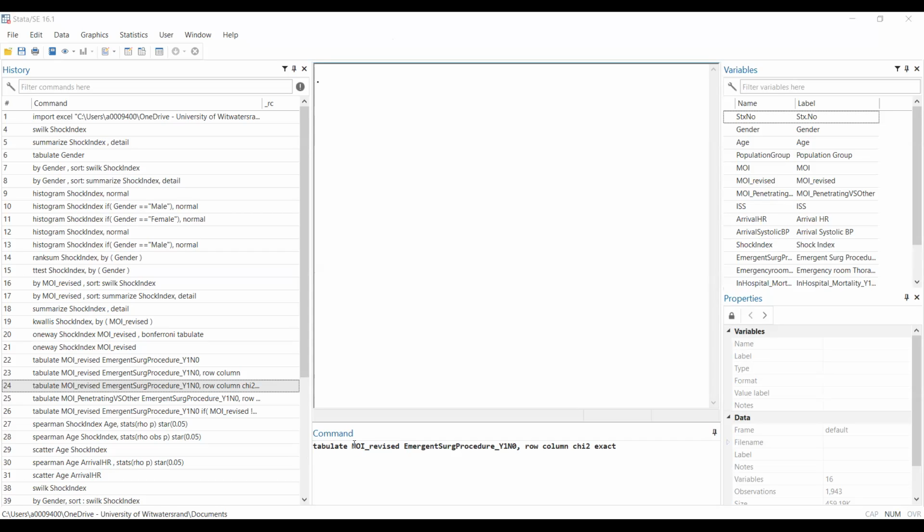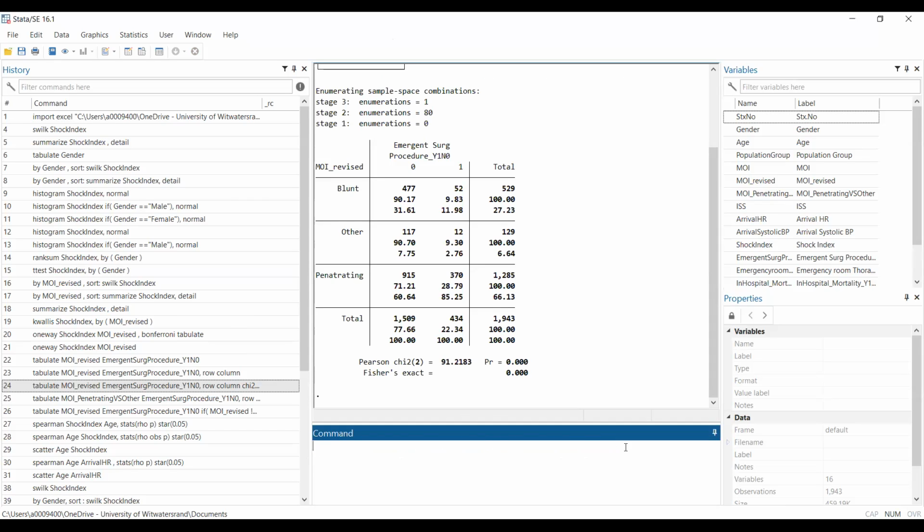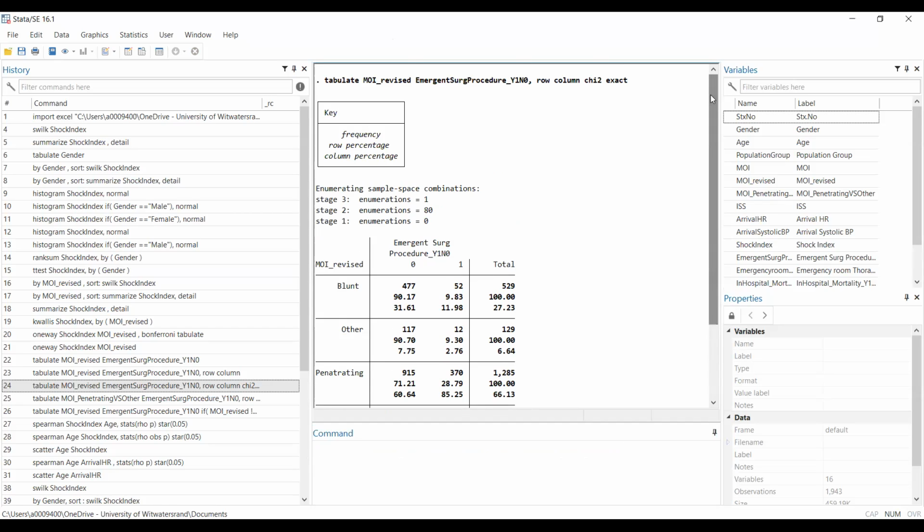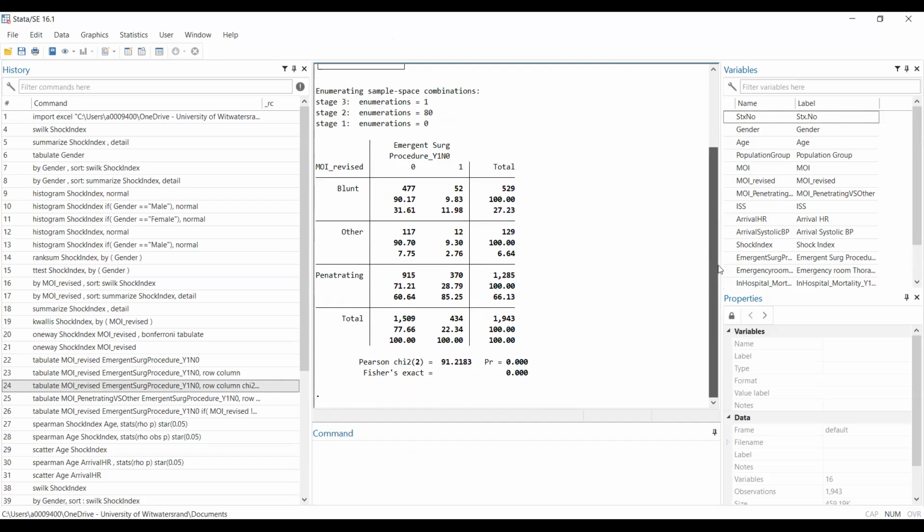We're tabulating mechanism of injury according to emergency surgical procedure, and we're looking at row and column percentages, and we're applying the Pearson chi-square and the Fisher's exact. If you want to look at this key, the top entry in the table is the frequency, followed by the row percentage, and then the column percentage. And these are obviously the entries that I had on my table in PowerPoint.